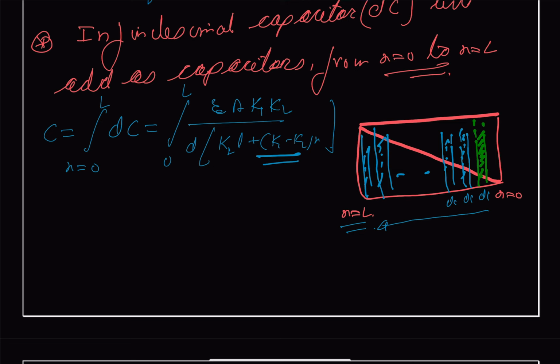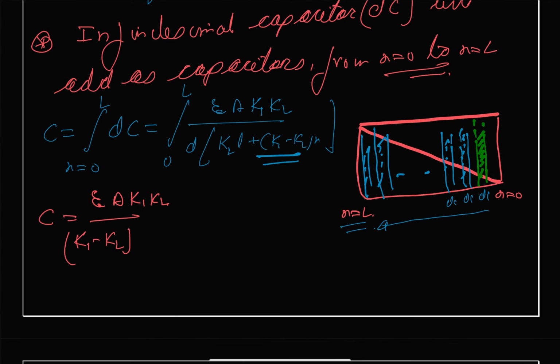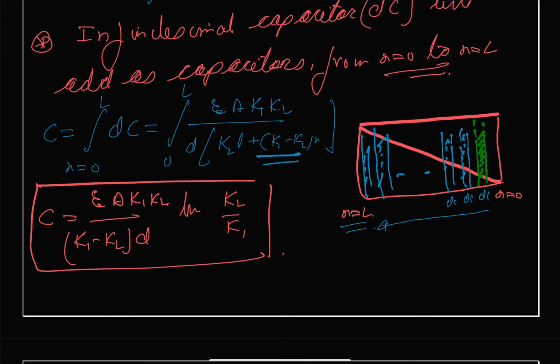So our C will be equal to epsilon A K1 K2 upon K1 minus K2 times D, and we have the natural log of K2 upon K1. So this is our net capacitance of the given question.